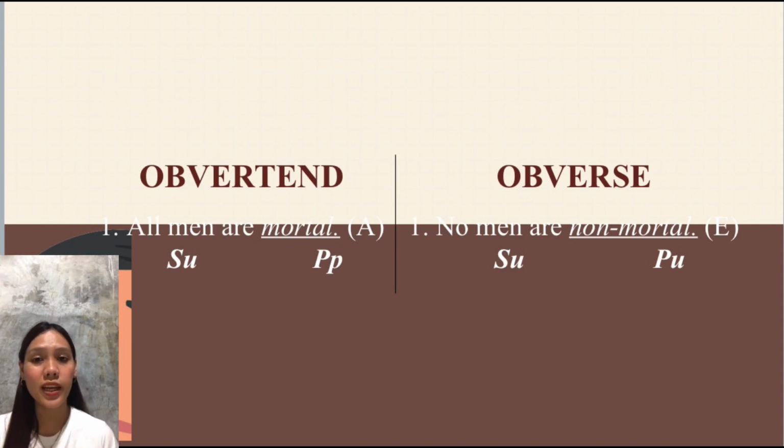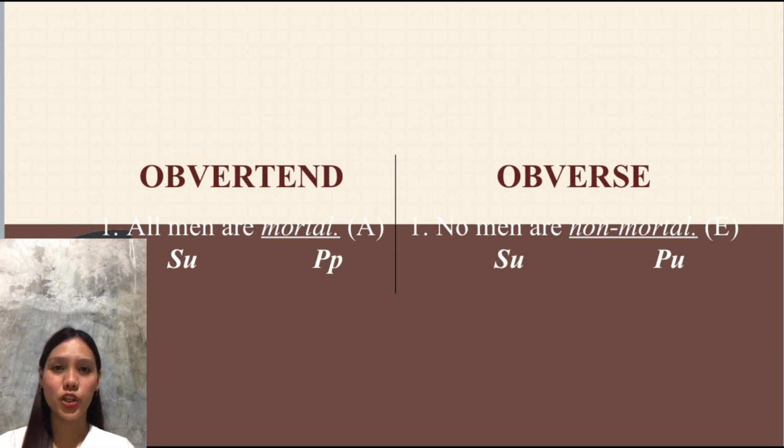Next, the predicate of the obverse is the contradictory of the predicate of the obvertend. So, the predicate in the obverse is non-mortal, since we denied or contradicted the predicate of the obvertend.